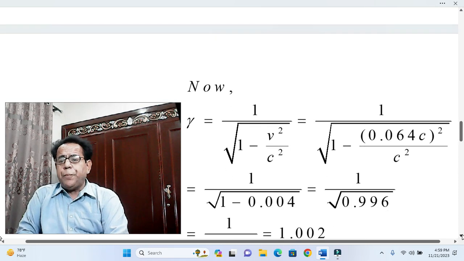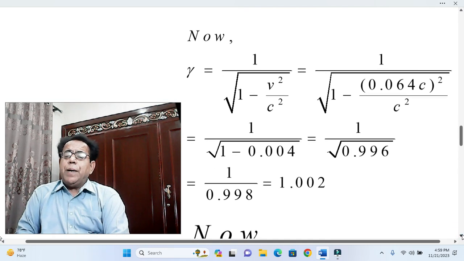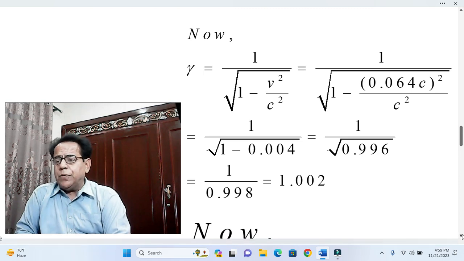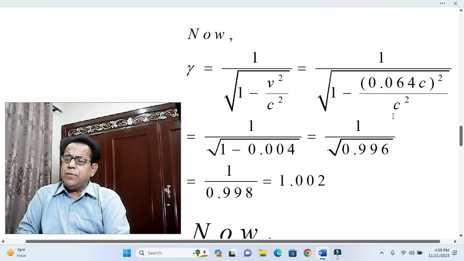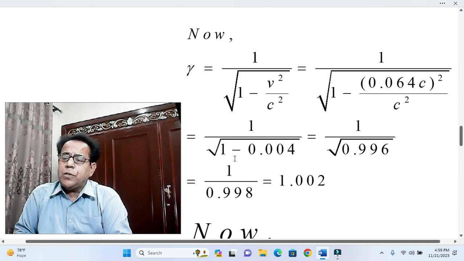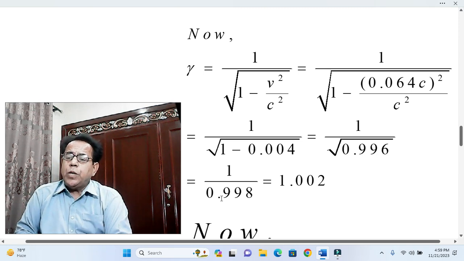Now, Lorentz factor gamma is equal to this over this. Okay, in place of v we have used the value which we have calculated above. Here c square will be cancelled with c square and we will get Lorentz factor gamma equal to 1 over 1 minus 0.004, and this alternatively becomes equal to 1 over under root 0.996, and this alternatively becomes equal to 1 over 0.998, and this alternatively becomes equal to 1.002.